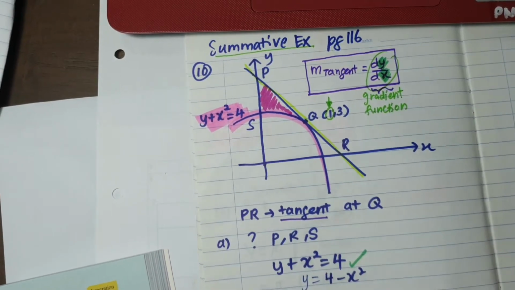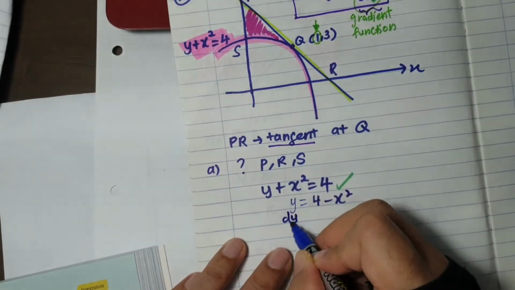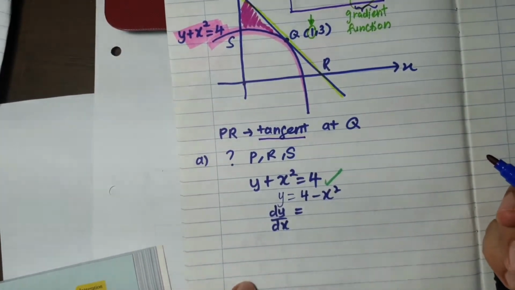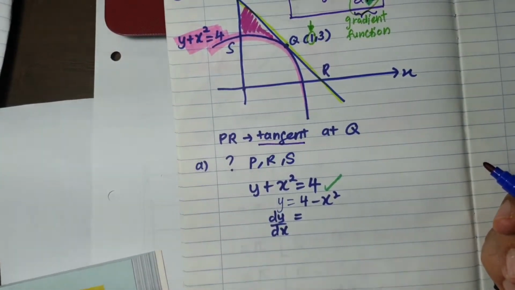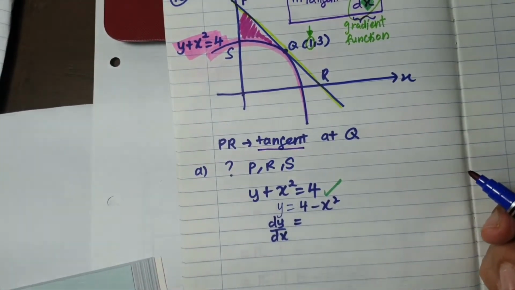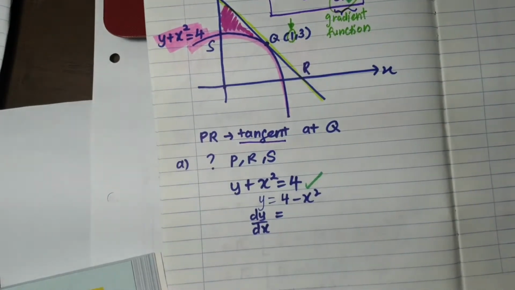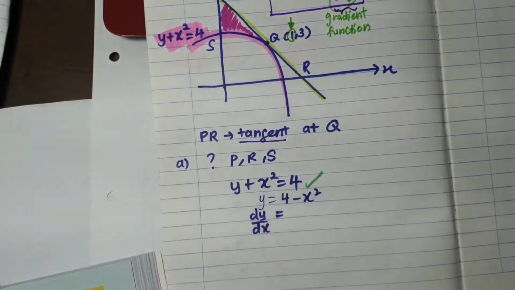So let's differentiate this function. Differentiation of any constant is 0. That's why the basic concept of integration must be strong. They won't give you a very complicated function. They give only simple ones. So you must know how to do basic differentiation and basic integration.